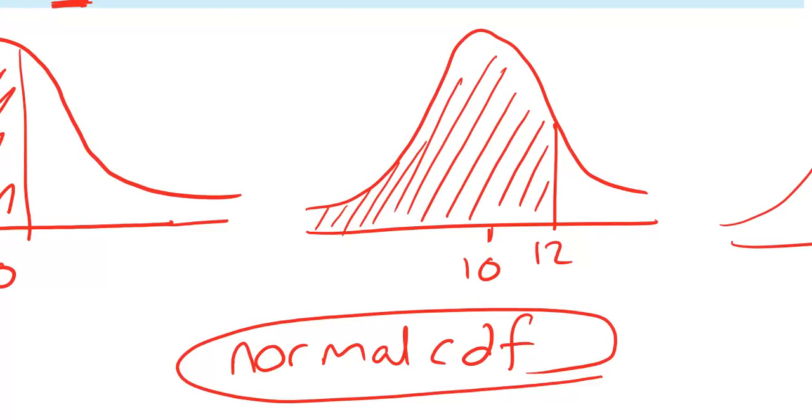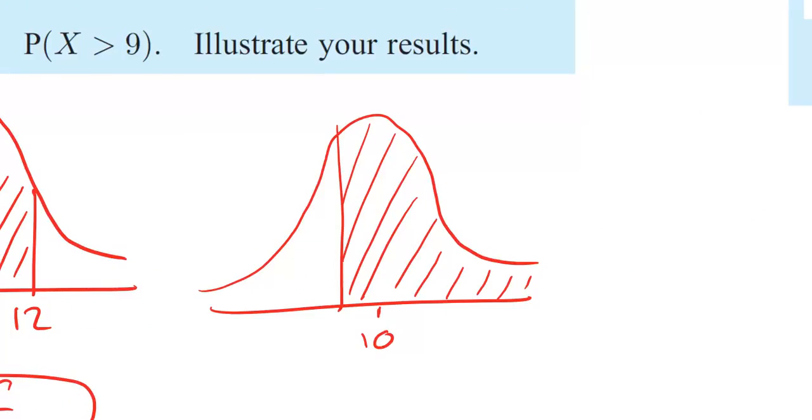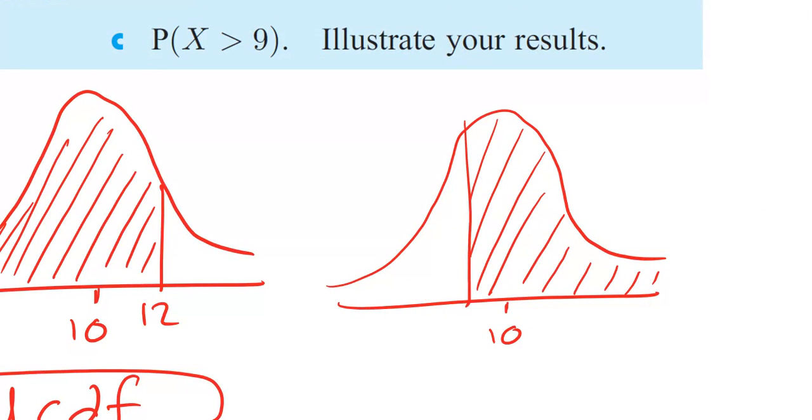And look, this goes on forever. That's why we have this negative 99999. So of course, in the final part of this, we need to know what the probability is when we're greater than 9. So clearly in this one, our upper boundary will be positive 9999999 forever. And our lower boundary here is going to be 9, right? That's how we're going to work this out.